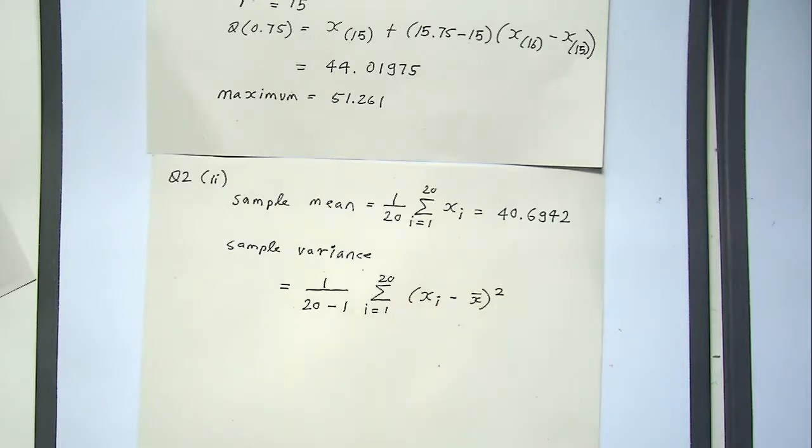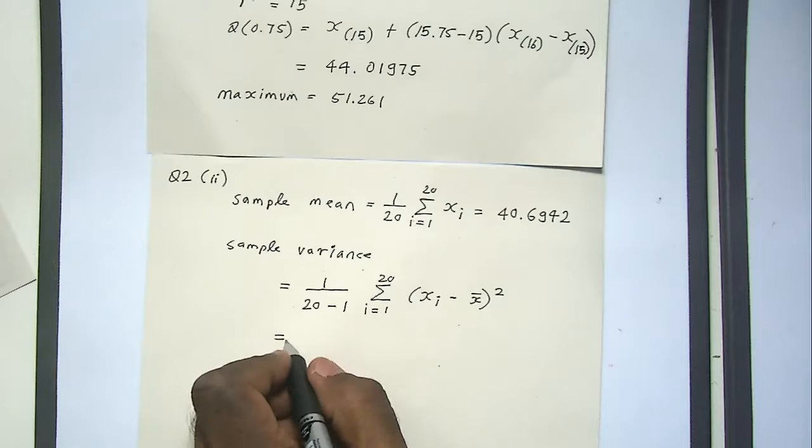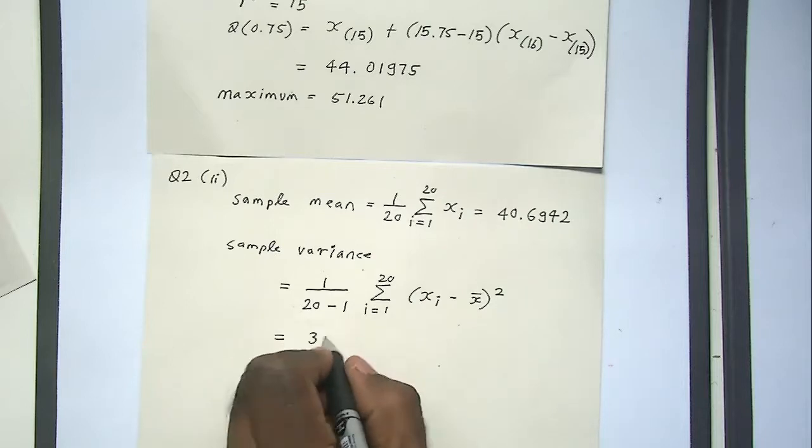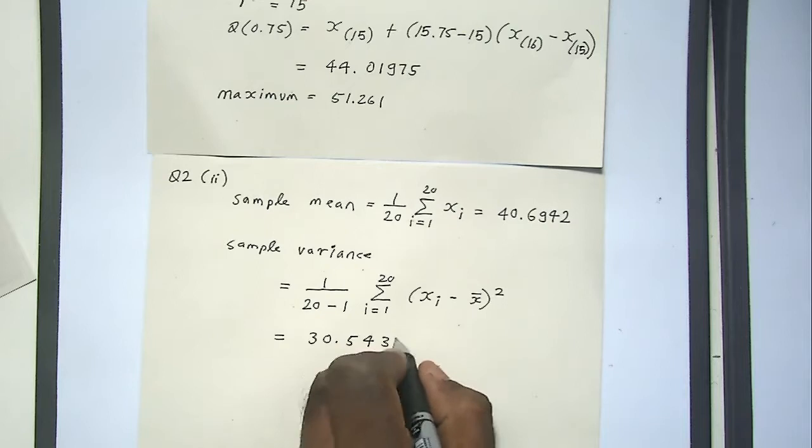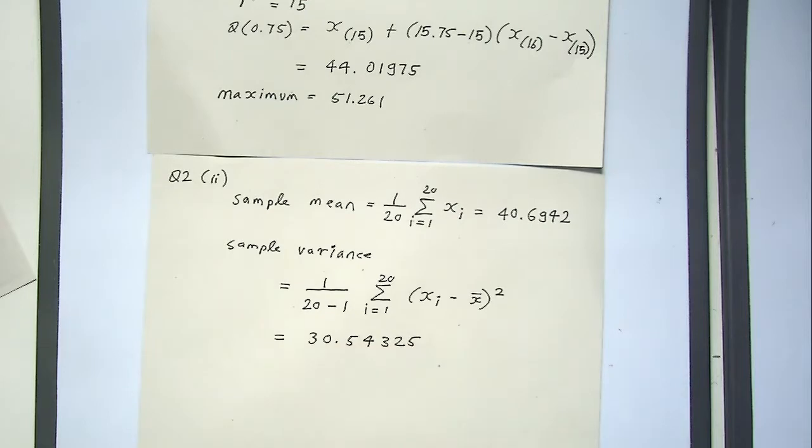Unbiasedness is a good property of an estimator. So you always want to use the unbiased estimator if you can. If you work this out, this is what you get.